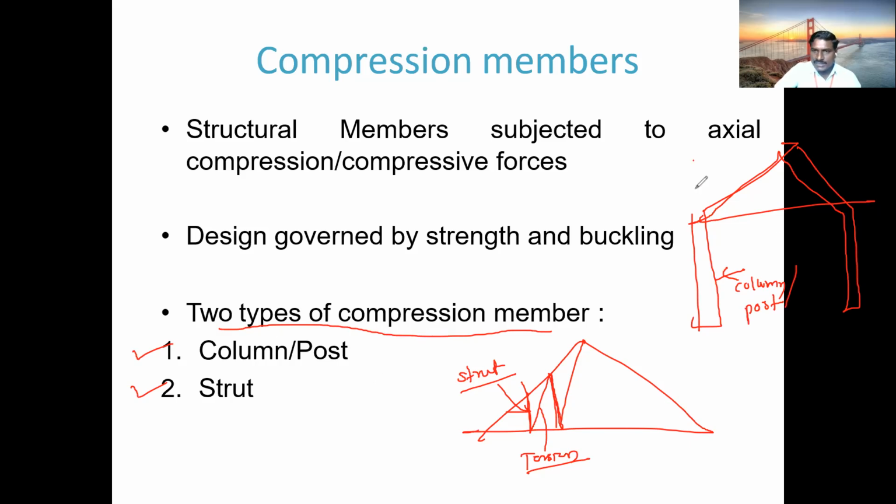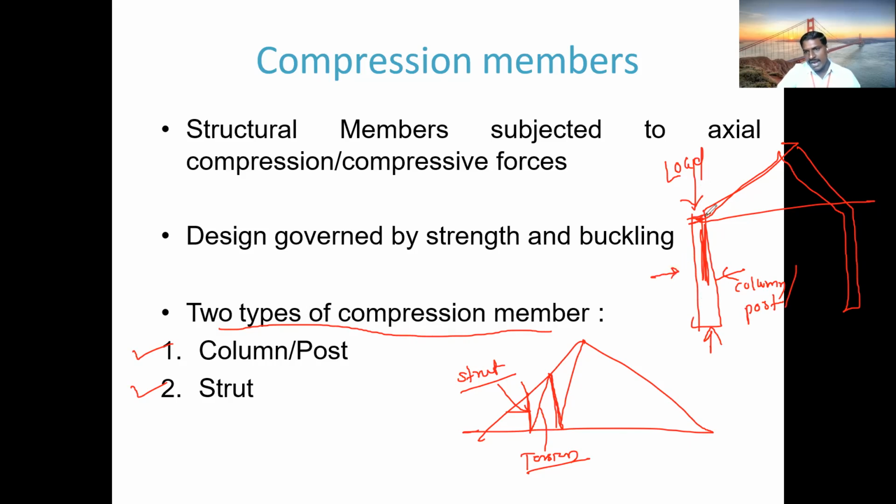It means here this load acts as a compressive load. Are you getting? This load is acting vertically downward, so from the bottom side there is a reaction. It means what, which type of load is acting here on this column? Compression.